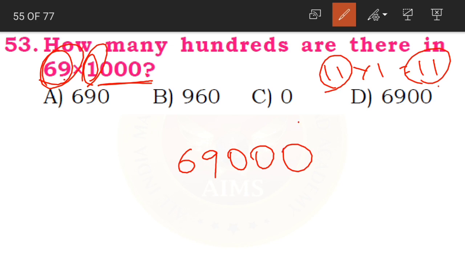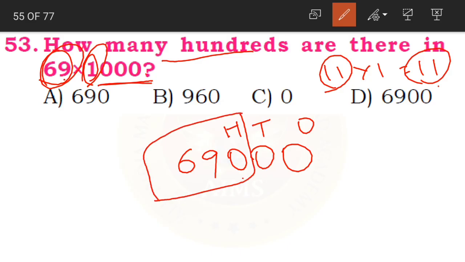Yes, children. Now, how many hundreds are there in 69,000? Ones, tens, hundreds. In the hundreds place we are having 0. But when it comes to the question of how many hundreds are there, whatever we have from the hundreds place, this will be our answer: 690 hundreds. So what is the correct answer? Option A. Understanding, children?